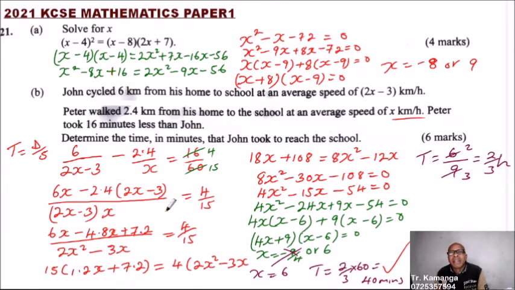Then when you are given a graph to solve a quadratic equation, you should be able to use the graph or the grid to solve that. So that's what I can say about that question. If you are comfortable with solving quadratic equations, then this question should be easy for you. So that's how you do that question.